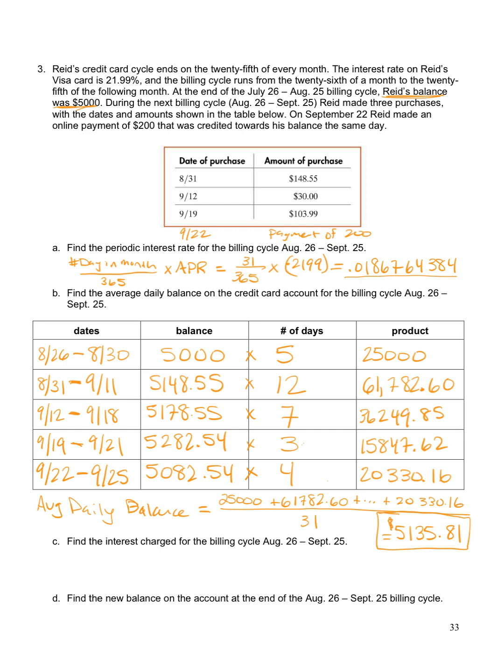Part C asks us to find the interest charge for the billing cycle, also known as finance charges. And remember that that is your periodic interest rate times the average daily balance.